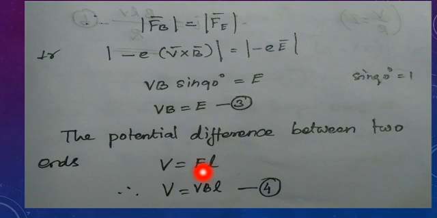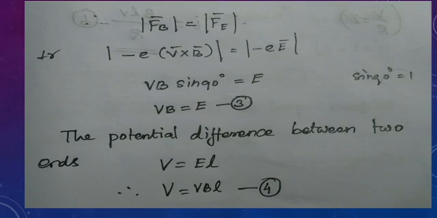Now substituting the E value from the earlier equation, E is v into B. Therefore the potential V is equal to velocity into B into L. This is equation number 4.